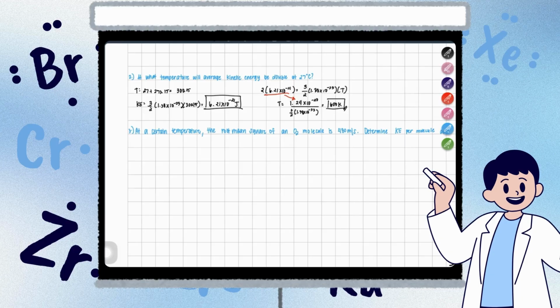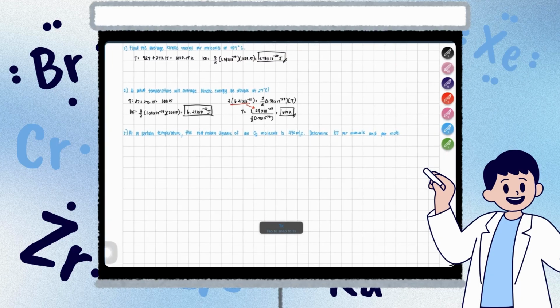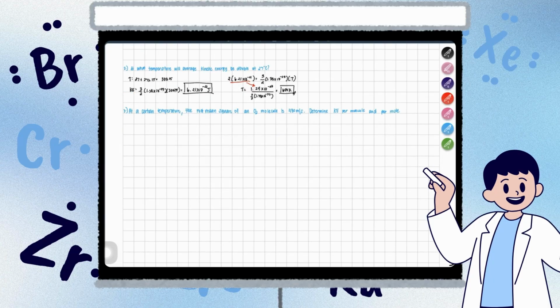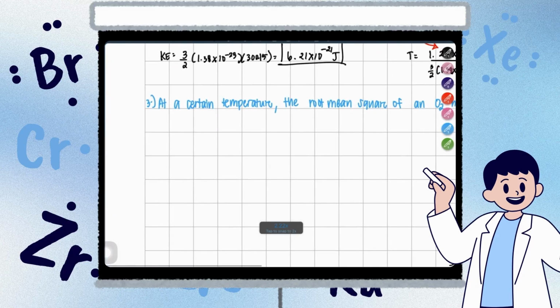And lastly, at a certain temperature, the root mean square speed of an oxygen molecule is 480 meters per second. Determine the average kinetic energy per molecule and per mole. So our first step is, of course, to identify the molar mass of oxygen, which is 32 grams.